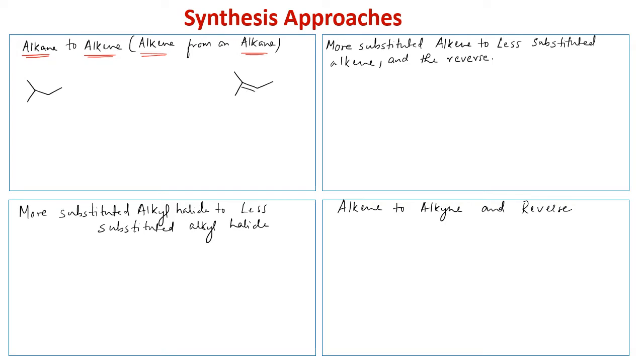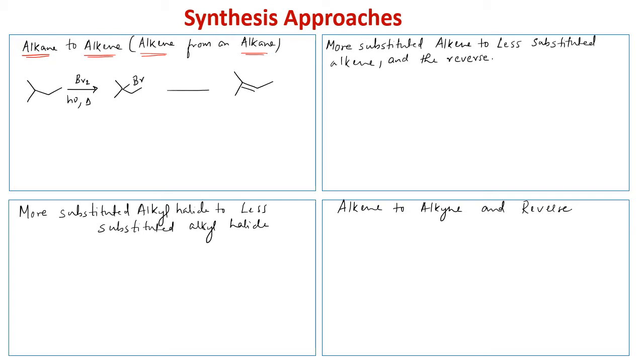The sequence of steps usually involved is first to do a free radical bromination on the alkane, because again, recollect that the only synthetically useful reaction of alkanes that we have learned so far is the free radical bromination. If I do that, it would give me an alkyl bromide.